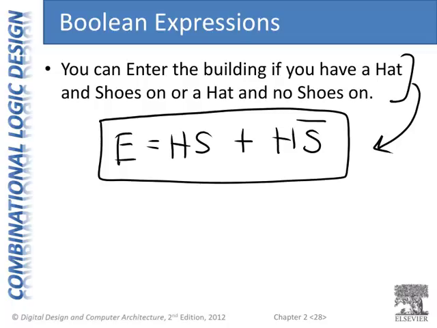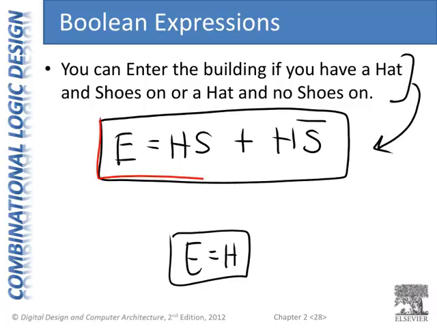I show up with a hat and no shoes, they let me in. I show up with a hat and shoes on, they let me in. I guess it didn't even matter if I had the shoes on. So we can minimize that expression to be just E equals H.